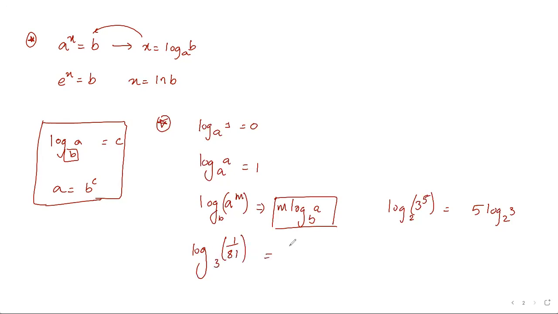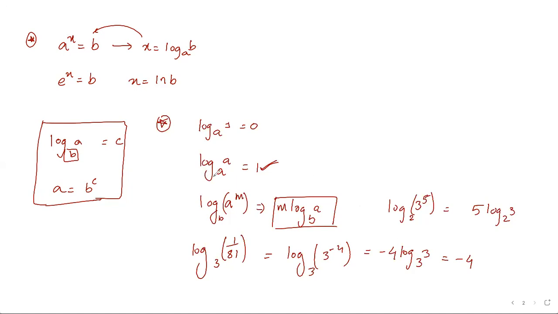In such cases, log of 1 upon 81 can be written as log of 3 to the power of negative 4 to the base 3, because 1 upon 81 is 1 upon 3 to the power 4, and when you take it up, the index becomes negative. So this becomes negative 4 log 3 to the base 3, and hence the answer is negative 4, because you know that log a to the base a is always 1.